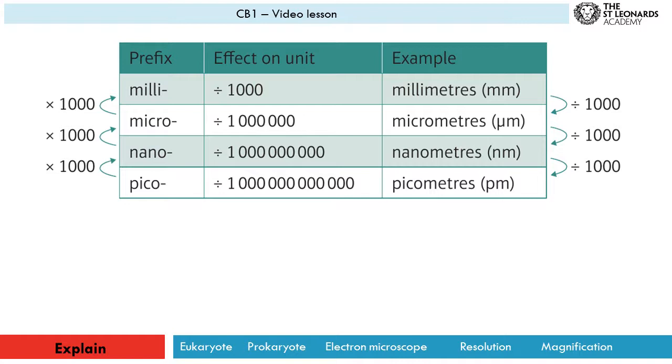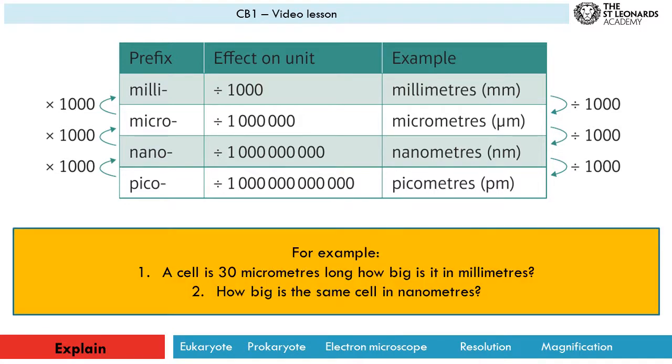And so you can see now we're starting to get to tiny, tiny units, which is why we have to use these prefixes. For example, a cell is 30 micrometers long. How big is it in millimeters? Now we know that 1 micrometer is 1,000th of a millimeter. So all we have to do is take 30 and divide it by 1,000, and that will give us our answer in millimeters.